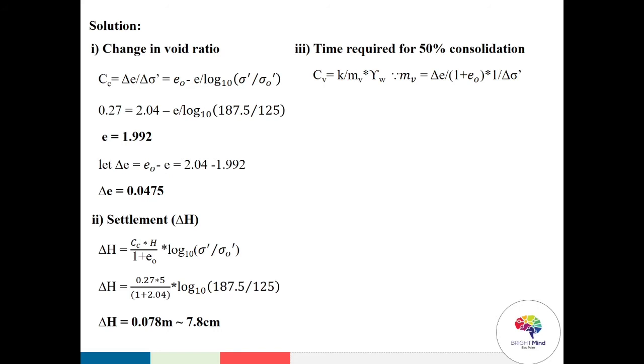So substituting the values, in place of K I'll substitute 3.8 into 10 raised to minus 10, because it was given in centimeter per second and I have converted it to meter per second.